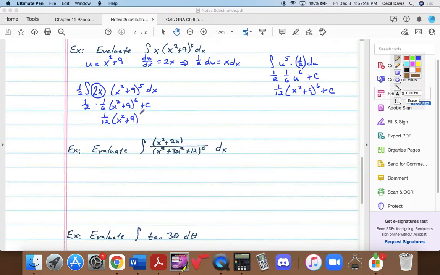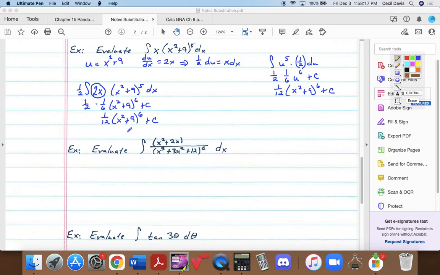So it's 1/12 of x squared plus 9 raised to the 6th plus a constant. Why does the 2x go away? Because if I think about taking the derivative of this, the 2x comes from doing the chain rule, right? When I take the derivative. So when I undo taking the derivative, the 2x goes away.